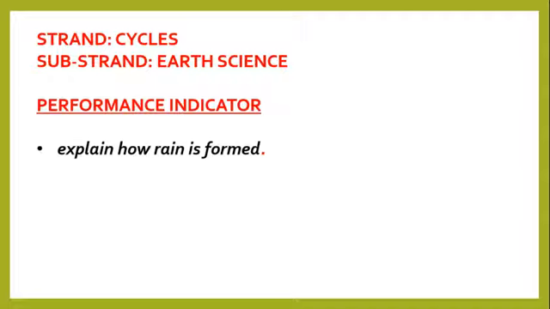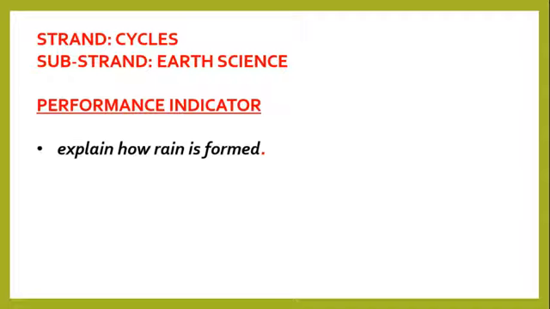How is rain formed? In our previous lesson, we looked at how clouds are formed. And then we moved on to look at explanations of some terms that you and I must understand in order to understand the concept of how rain is formed. We looked at evaporation, condensation.